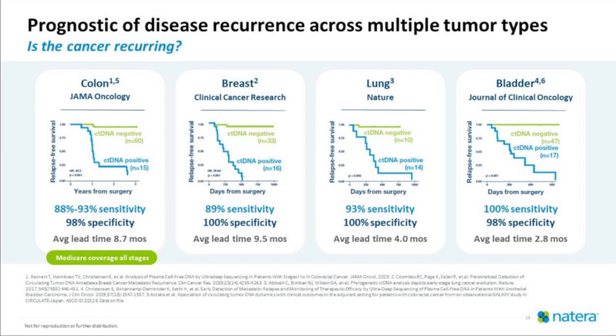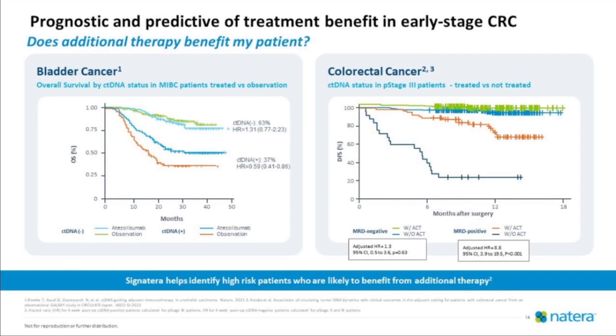And that's across the board, across solid tumors, including colon, breast, lung, and bladder. And there is Medicare coverage of all stages in terms of colon cancer. That was the first validation study that was done in this particular platform. As you can see here, the ability to detect the positive results in patients gives you a lead time before actual measurable disease develops on scans and imaging.